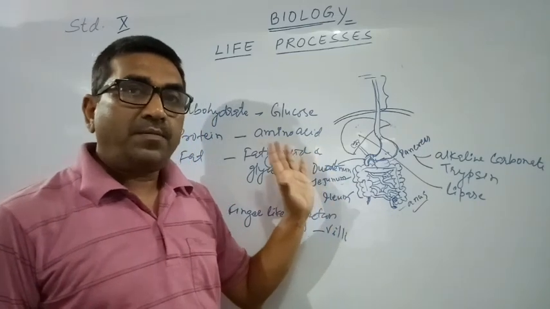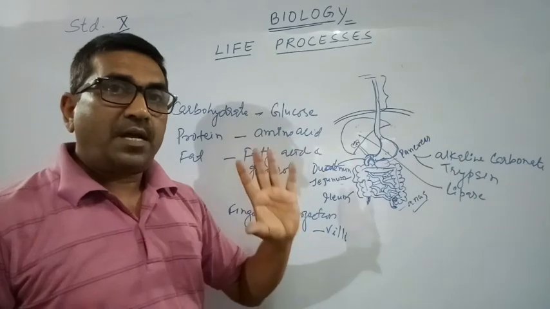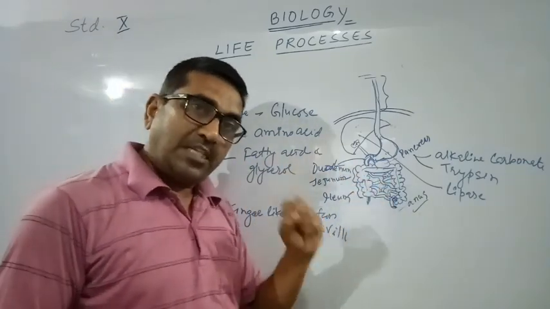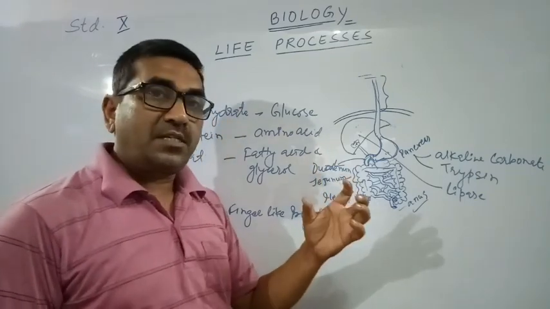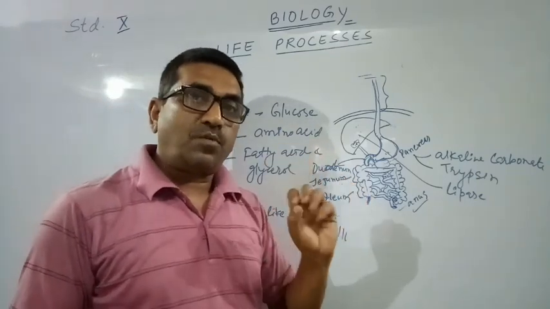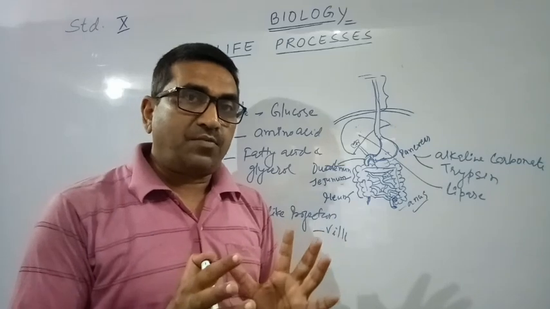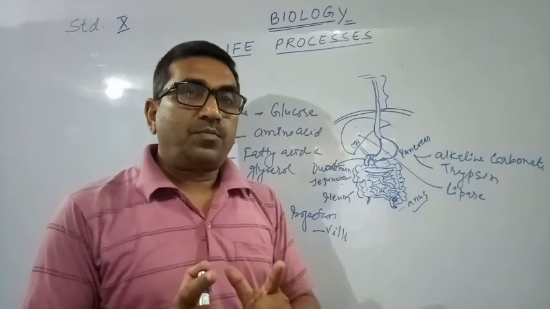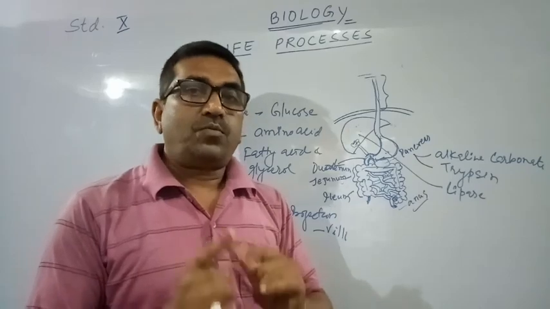Carbohydrate, protein, fat and other nutrients get digested and are absorbed in the small intestine. In the large intestine the water is absorbed, then the rest of the undigested food is thrown out of the body. Now it is complete. Thank you.